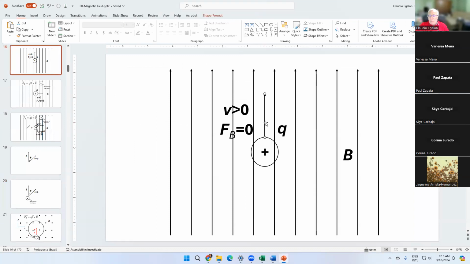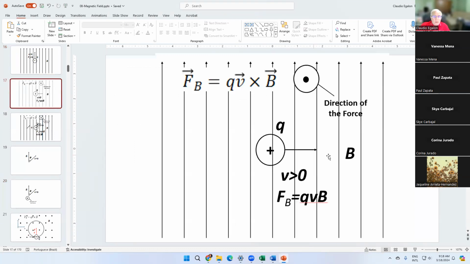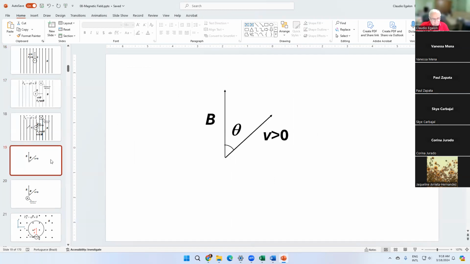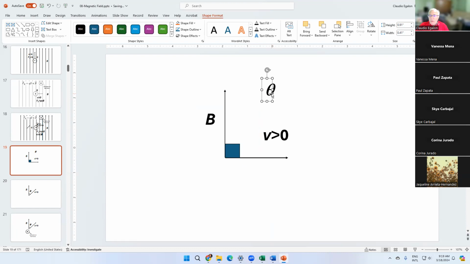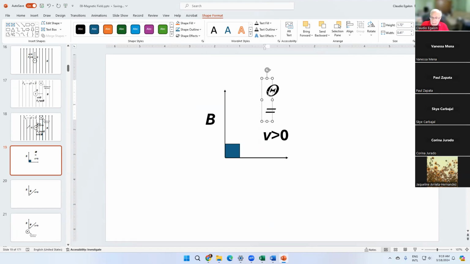I'm going to look at the simplest case. The simplest case for magnetic force different from zero is this one right in here: velocity perpendicular to the magnetic field, theta equal to 90 degrees.